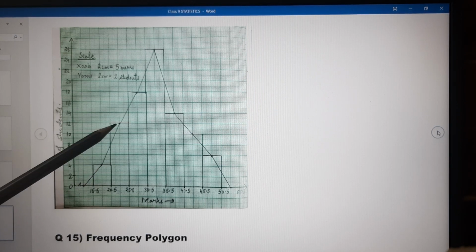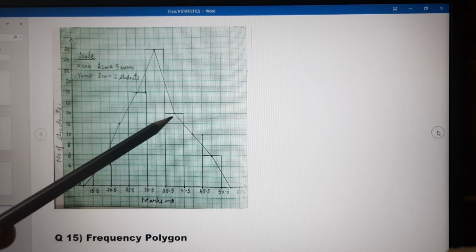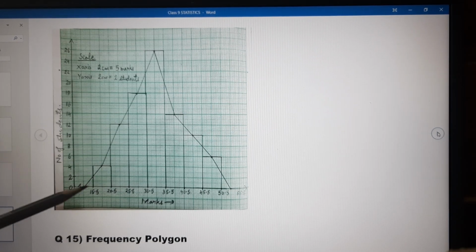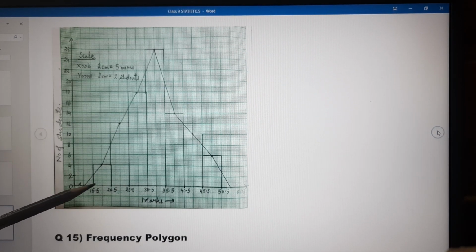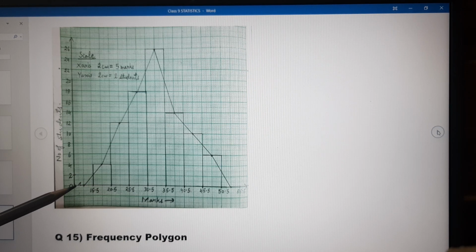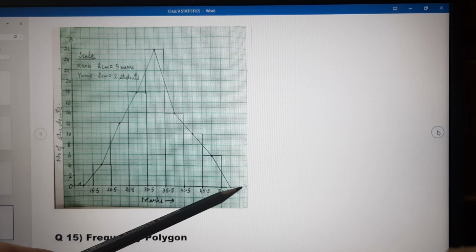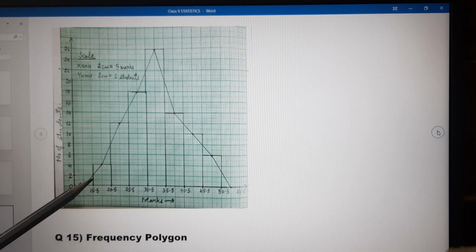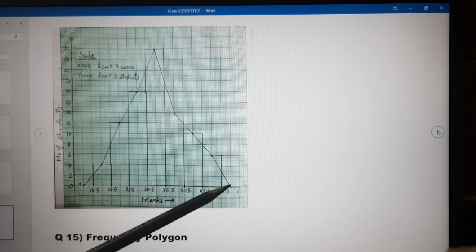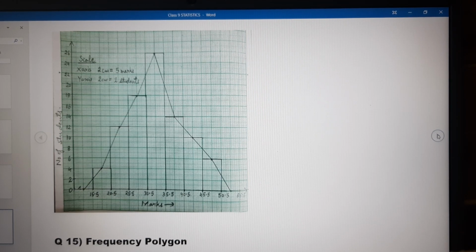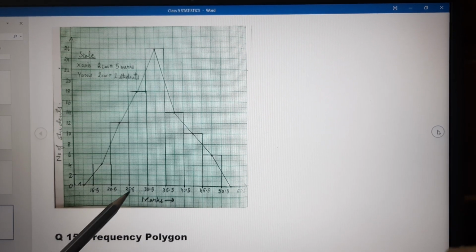We have marked the midpoints of all the bars which we have drawn, and then we have marked the midpoint of the class interval preceding and the successor class interval. The frequency polygon will be joined from both sides to the axis. It is very important to write marks.